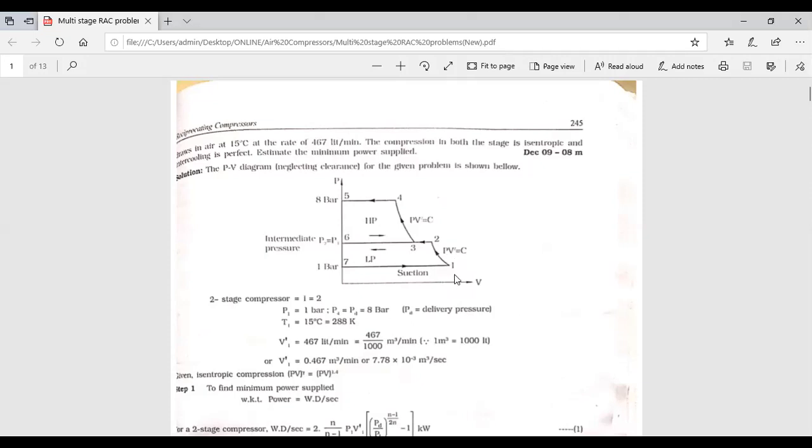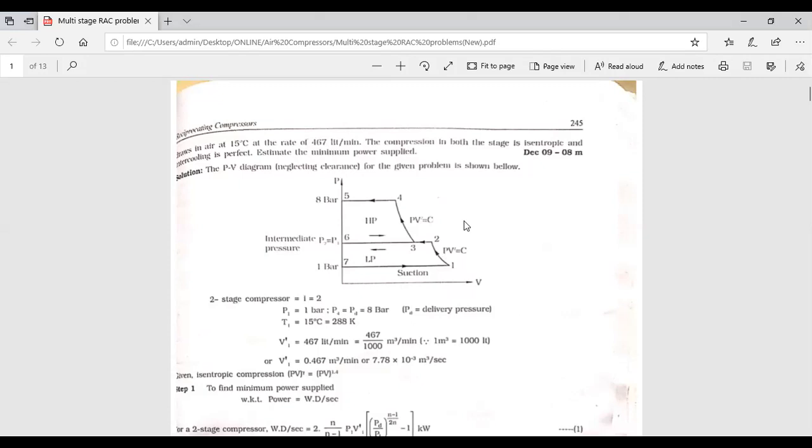So it is P1 and T1. Next, they have given the delivery pressure as 8 bar. P1 is 1 bar given, and the delivery pressure is 8 bar.